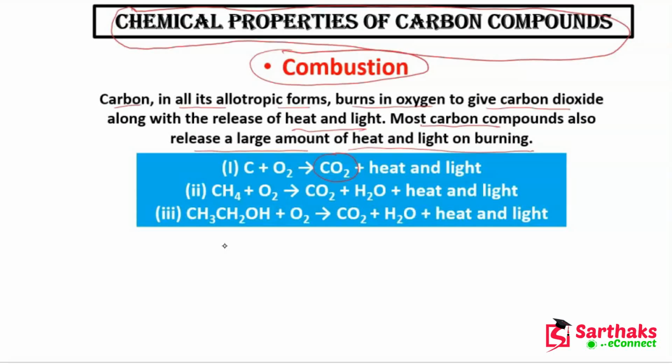Now let's talk about these equations. In the first equation, carbon is reacting with oxygen and producing carbon dioxide, and in this reaction heat and light are also produced. Now let's talk about the second reaction. This is methane.